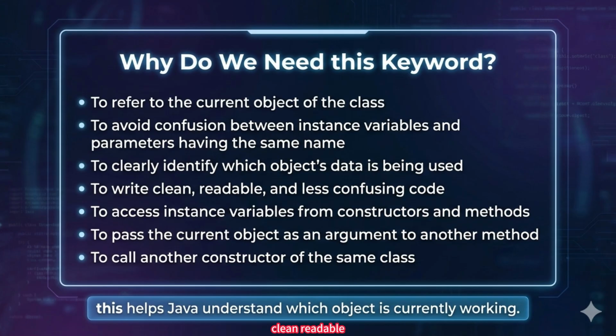To write clean, readable, and less confusing code. To access instance variables from constructors and methods. To pass the current object as an argument to another method. To call another constructor of the same class. One simple line to remember: this helps Java understand which object is currently working.